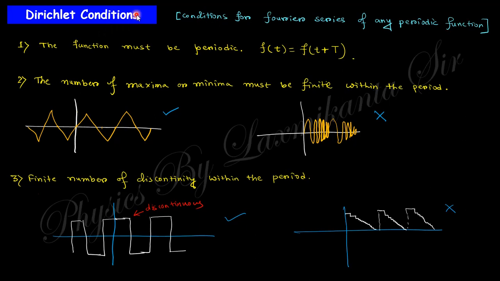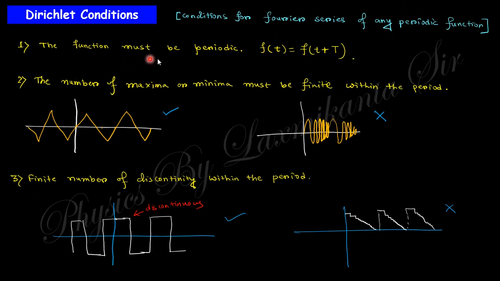Okay, and also know that a non-periodic function can be represented by the Fourier transform. So we need to know about the Dirichlet condition, because this condition is required to express any periodic function in terms of the Fourier series, right?